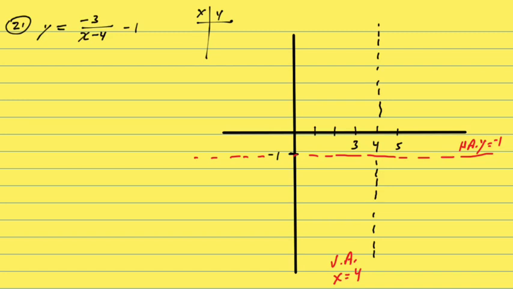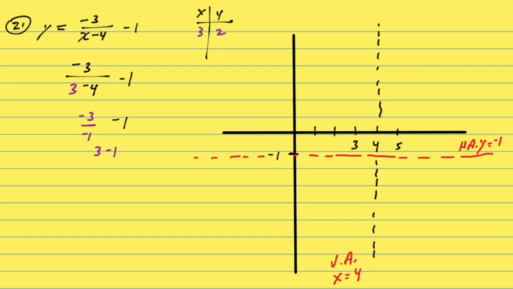Now, if I was to plug in something, I'm going to put in something like, let's put in a 3. This would give me negative 3 over what? Negative 1. Would that make it 3 minus 1, or 2?